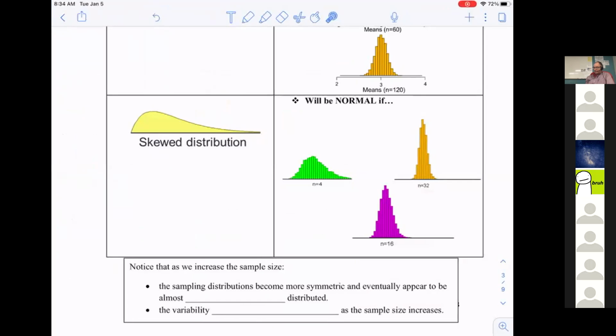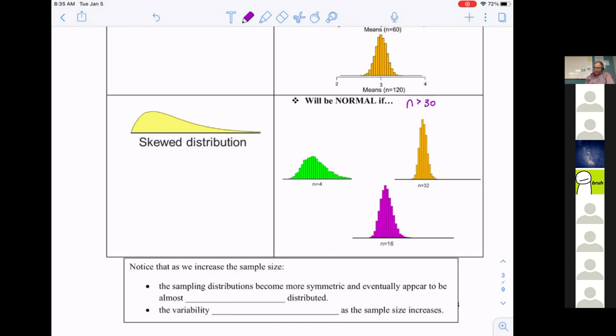So we go out to here, okay? And again, we're looking for will be normal if. Now, here we got lucky. It says n is equal to 4, n is equal to 32, n is equal to 16, and that appears to be fairly normal. But we can't say that, okay? Normal if my sample size is greater than 30, okay?